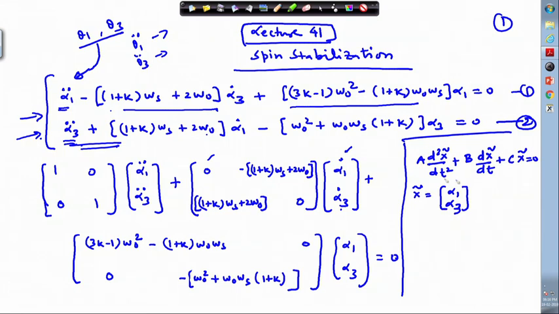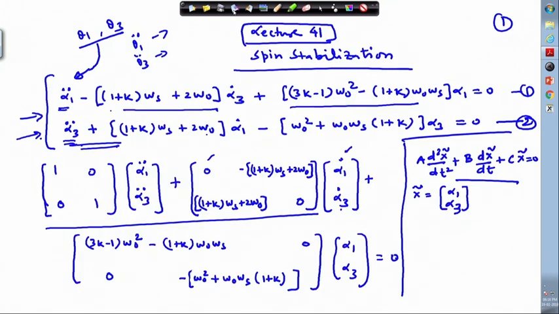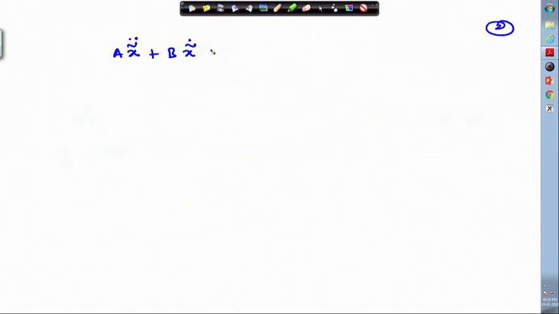So, as far as this equation is concerned, it can be written in this format, and we will discuss this particular one. So, we write this as x tilde double dot plus b times x tilde dot plus c times x tilde, this equal to 0.